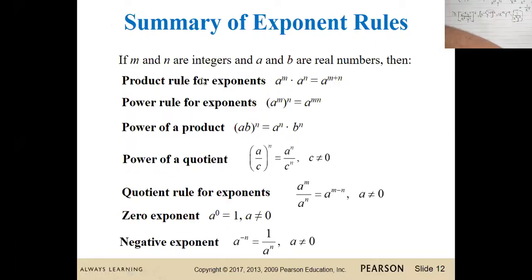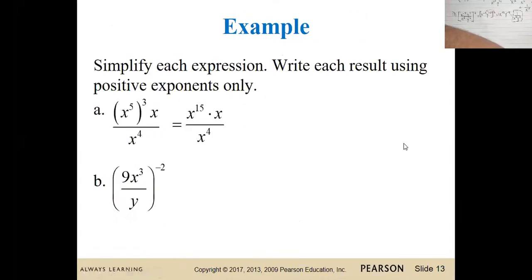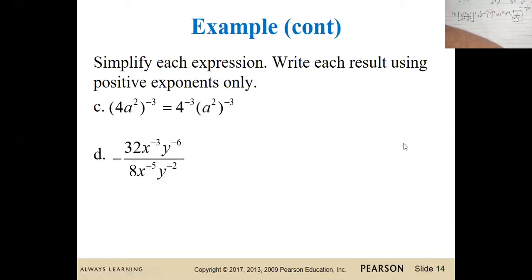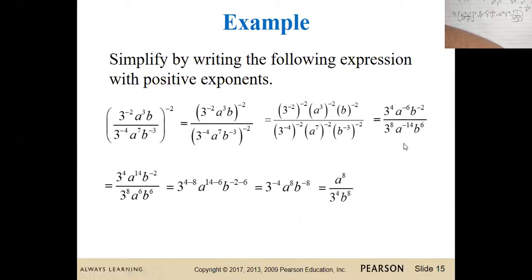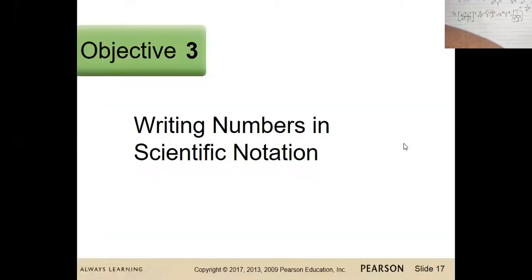If you ever get really stuck with these rules, this is a great one that explains them. It uses variables, but it's everything that we need to know. And there are some good examples in the PowerPoint. That's why I try to just go through some of the ones on the assignments.